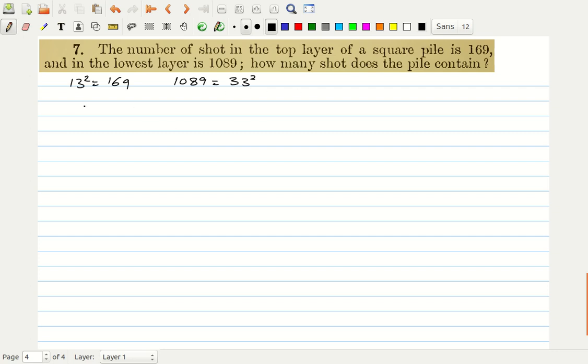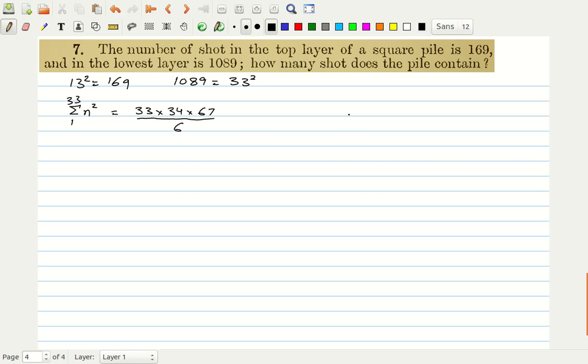How many balls will be there in that complete pyramid? It will be simply sigma of n square from 1 to 33, and this will be given by 33 into (33 plus 1) which is 34, into (2 times 33 plus 1) which is 67, divided by 6.